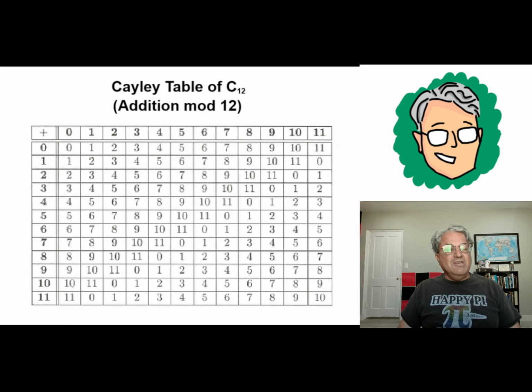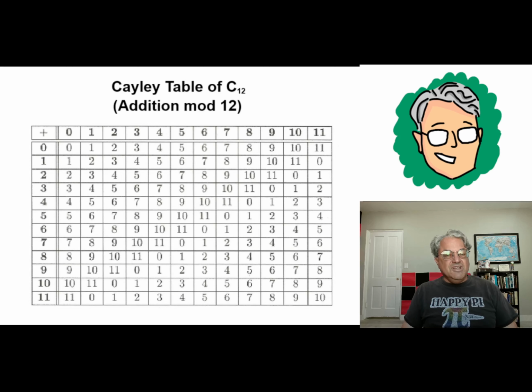This is how you add modulo 12. It's a table. You probably saw regular addition tables in first or second grade when you were learning how to add. Here you're doing pretty much the same thing, except you're taking the remainder when you divide by 12. So every time the number is greater than or equal to 12, you just subtract 12. That's what the addition table, the Cayley table of C12, looks like.